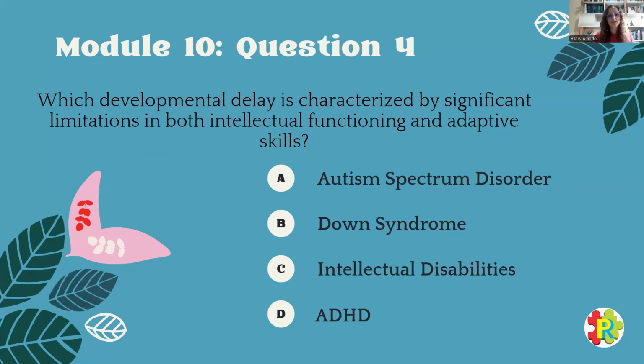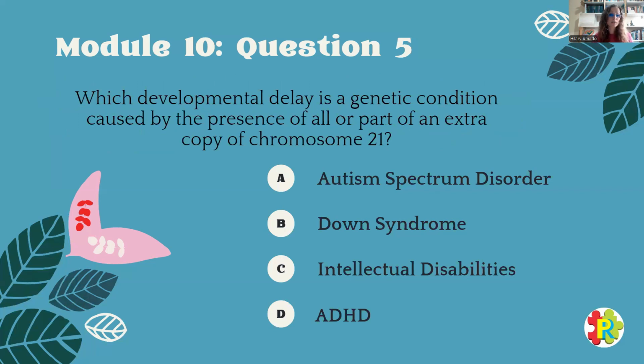Which developmental delay is characterized by significant limitations in both intellectual functioning and adaptive skills? Question 5. Which developmental delay is a genetic condition caused by the presence of all or part of an extra copy of chromosome 21?